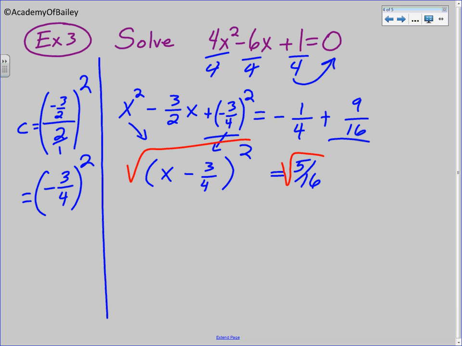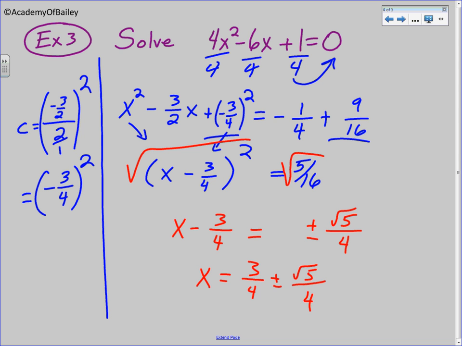Square root of both sides, so that leaves us x minus 3 over 4 is equal to plus or minus, and if we have the square root of 5 on top and we have the square root of 16 on bottom, what's the square root of 16? 4. We want to add 3/4 to both sides, so that has 3/4 plus or minus square root of 5 over 4.